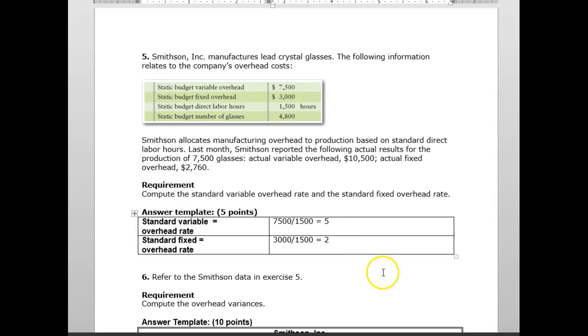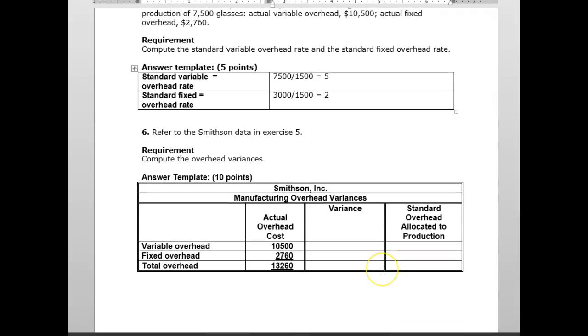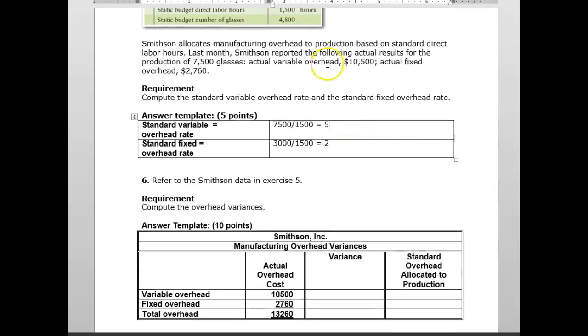And they kind of make this problem more complicated than it needs to be. So if you read this, fill in the numbers that they give you, okay? First of all, they give us 10,000 variable, and then fixed overhead is 27,600. So our total actual cost was 13,260. What should it have been?